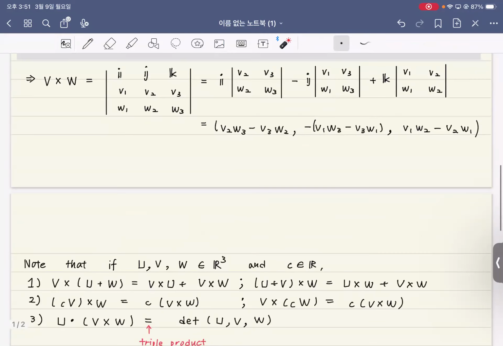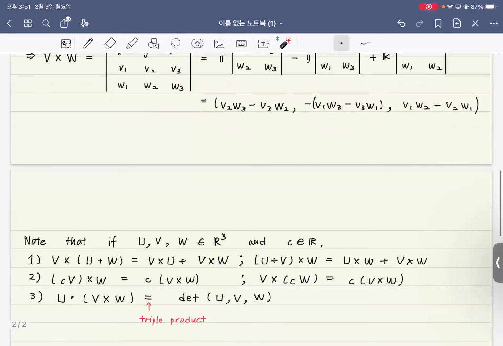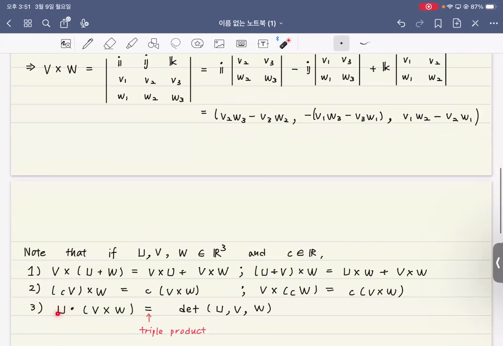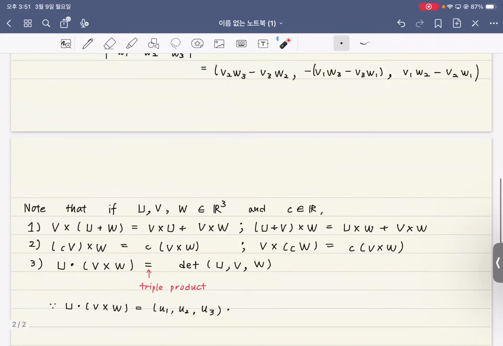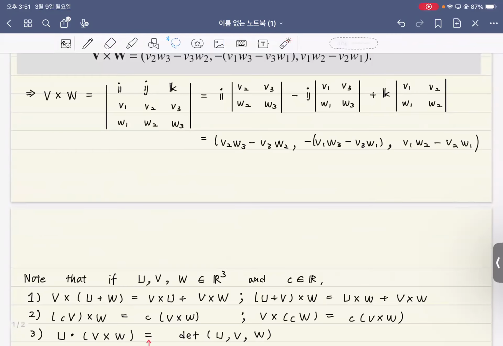Why is that? Because v cross w was given like this, and since you're taking the dot product with another vector u, this triple product is u1, u2, u3 dot product with this.